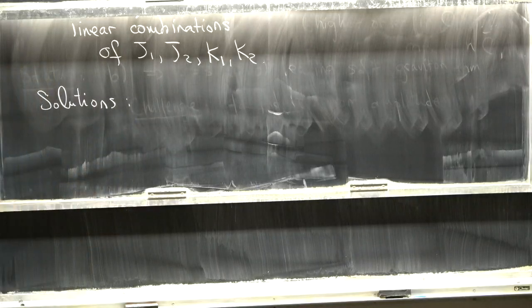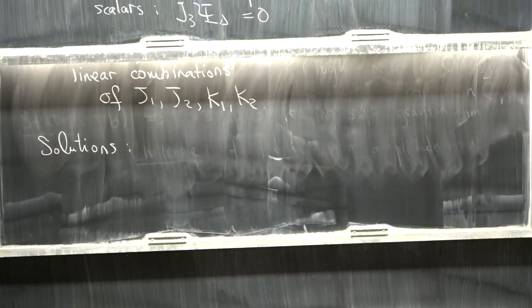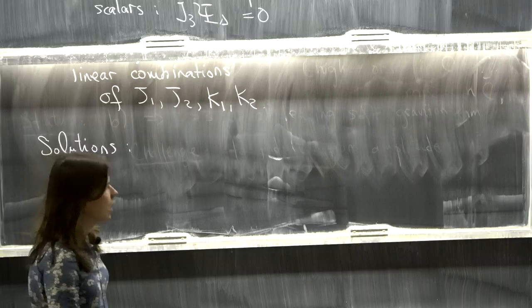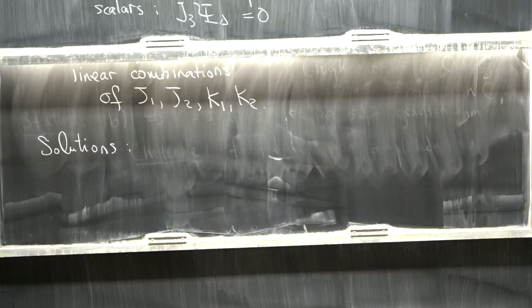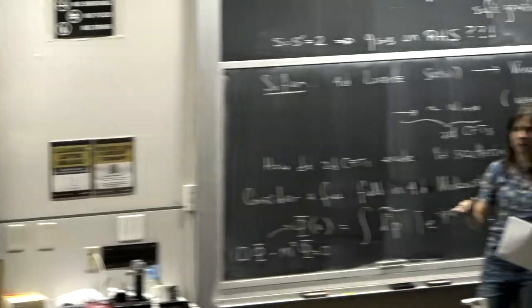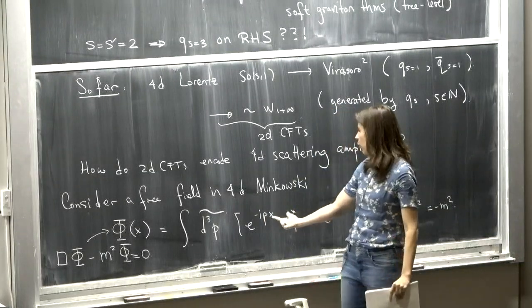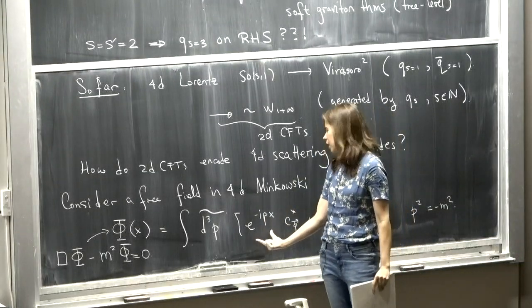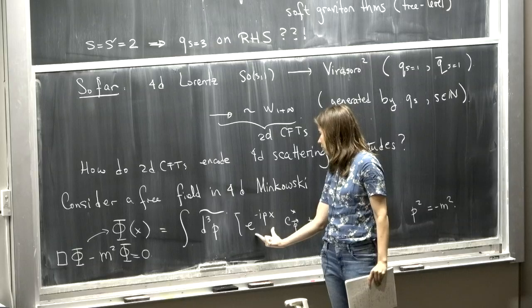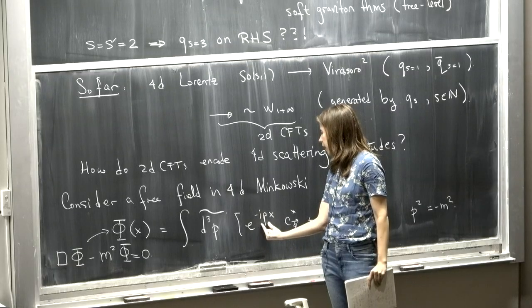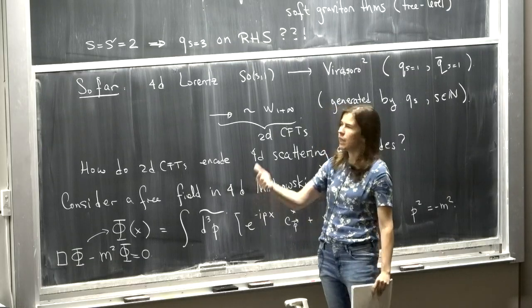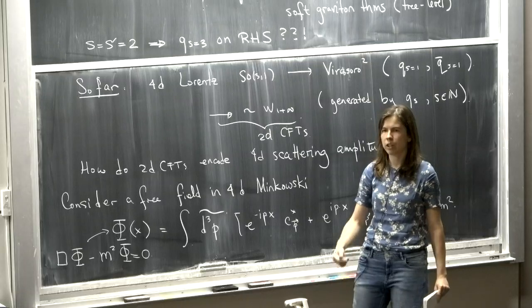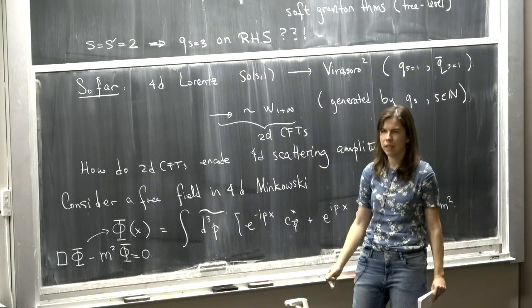Yes? Are we getting the P labels? These are just solutions of the Klein-Gordon equation. What is the P there? Yes, exactly. The solutions are going to be parametrized by the on-shell momenta. Just like plane waves are parametrized by an on-shell momentum P, in the same way here these are going to be parametrized by an on-shell momentum.